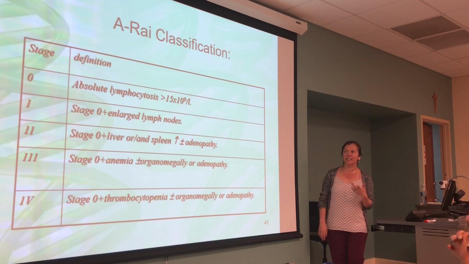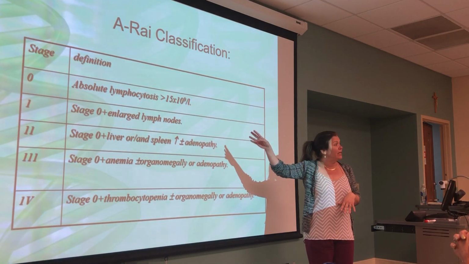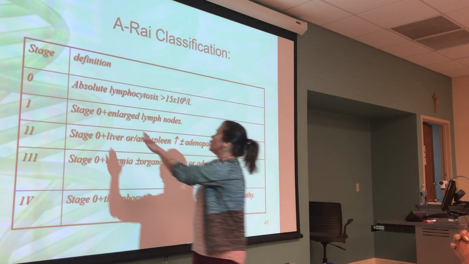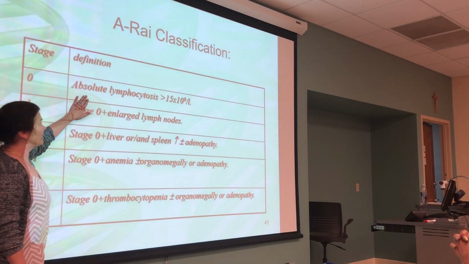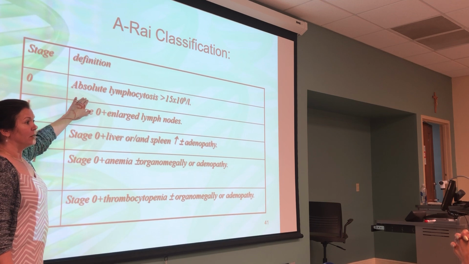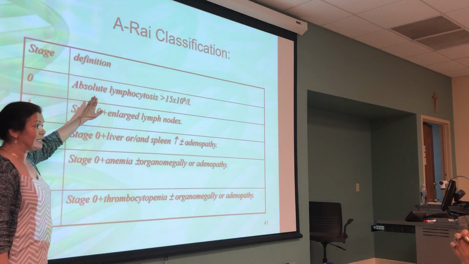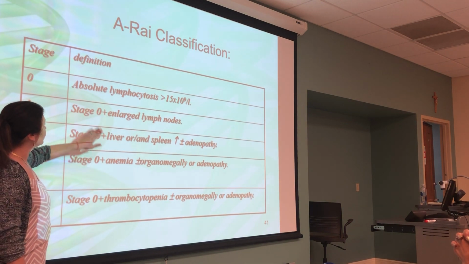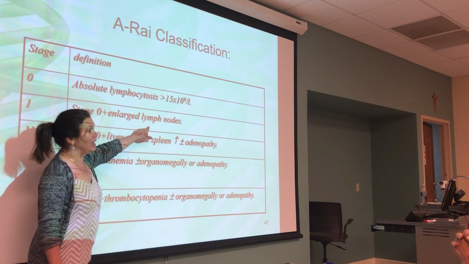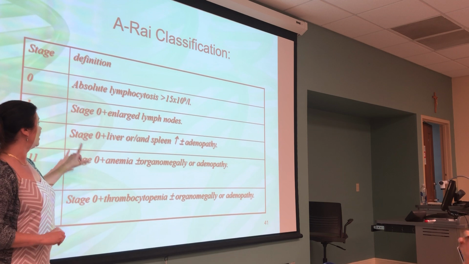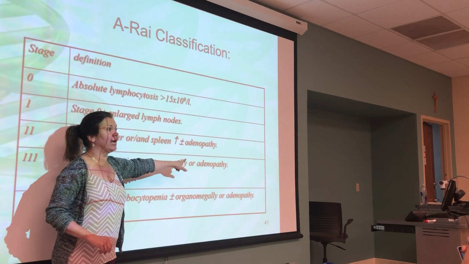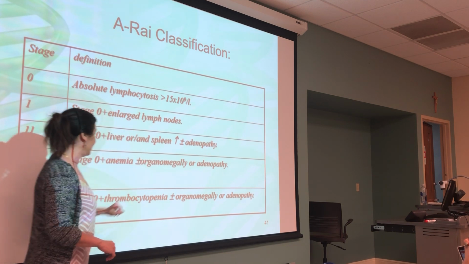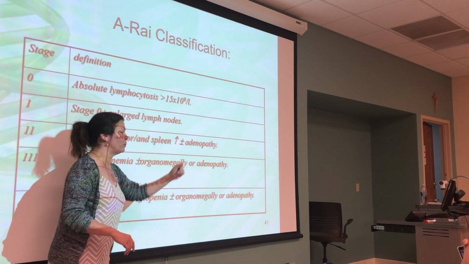Classification of CLL. Their classification is called the Rai classification. If you look at the classification, here there is only lymphocytosis. This is for your FYI. Then lymphocytosis with lymph node enlargement, with splenomegaly or hepatomegaly, with anemias and everything else, with thrombocytopenia and everything.